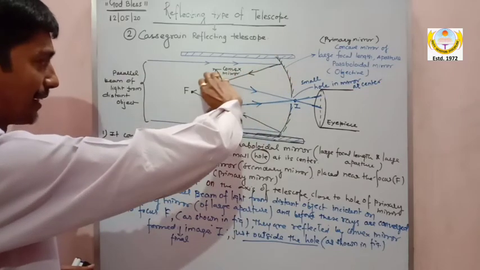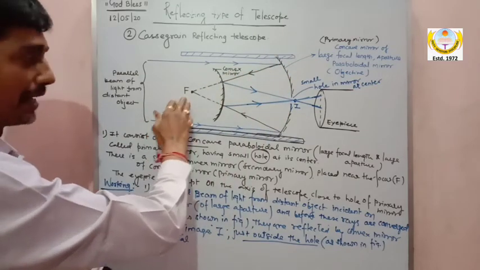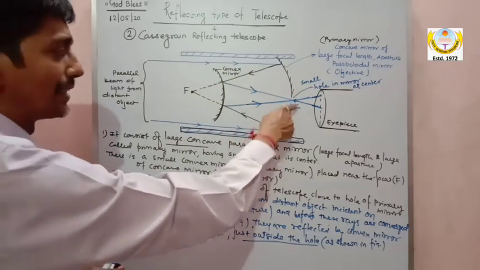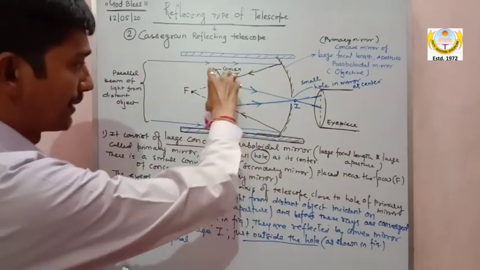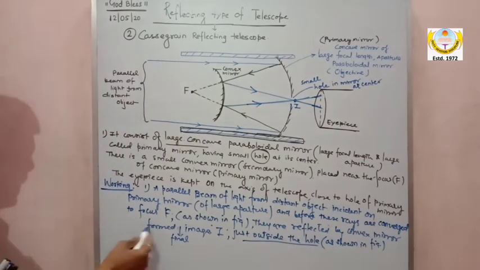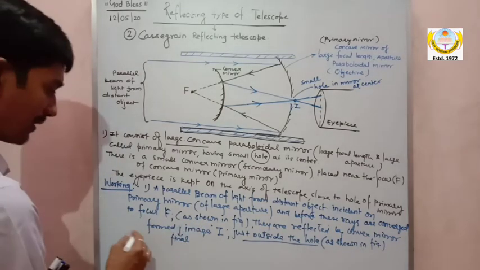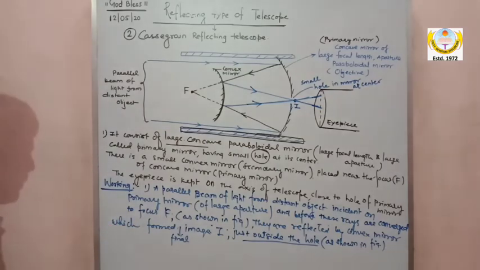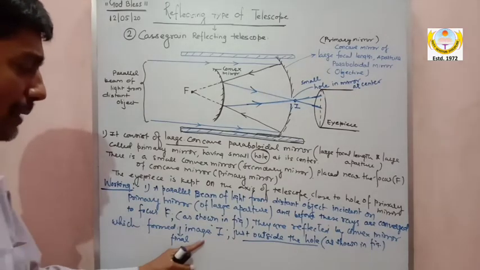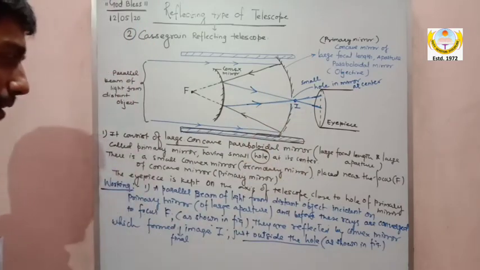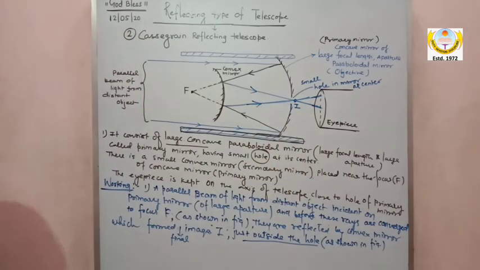Before these rays are converged to this point F, they will be reflected by the convex mirror, which forms the final image I just outside the hole, as shown in the figure, my dear. Am I clear, my dear? I hope you are understanding. This is an important concept, how it works.